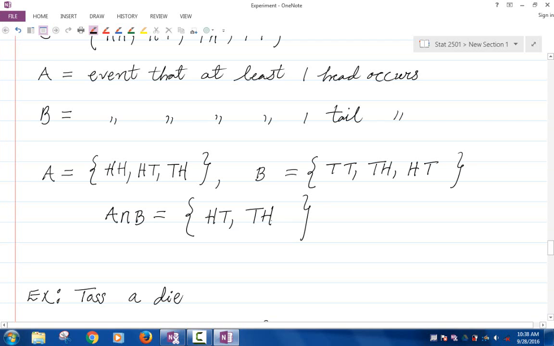How would you describe A intersect B in words? Yes, so it's the event that we get exactly one head and exactly one tail. Right?